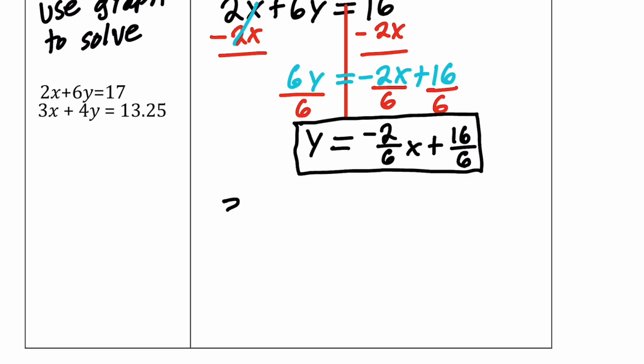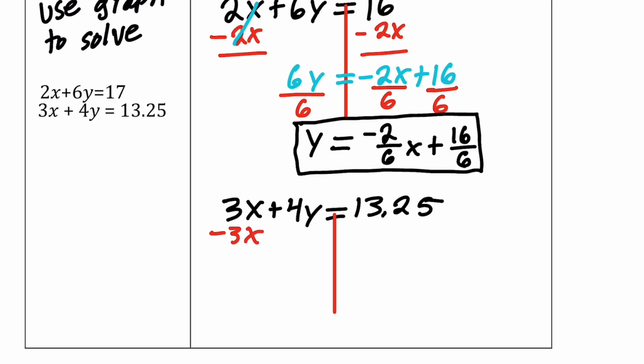So the second equation, 3x plus 4y equals 1325. Again, this skill, this process is something that needs to be known. If you still are struggling with this, you need to come in for tutoring because this is a skill that is necessary. So I subtract 3x on both sides. And almost done here.